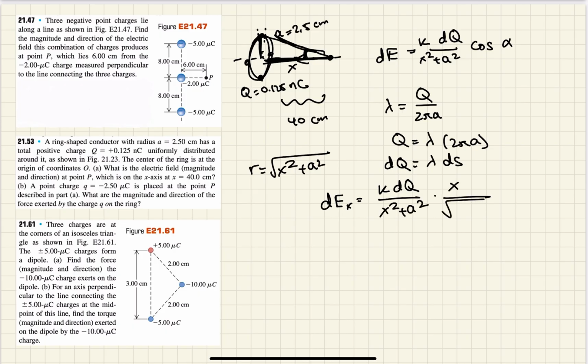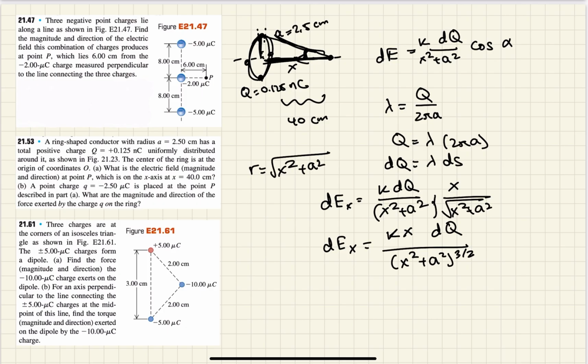R is the square root of x squared plus a squared. So what that basically tells us is dEx is equal to k times x times dq over x squared plus a squared to the power of 3 halves, because that's to the power of 1 over the power of half, adding together to the power of 3 halves.